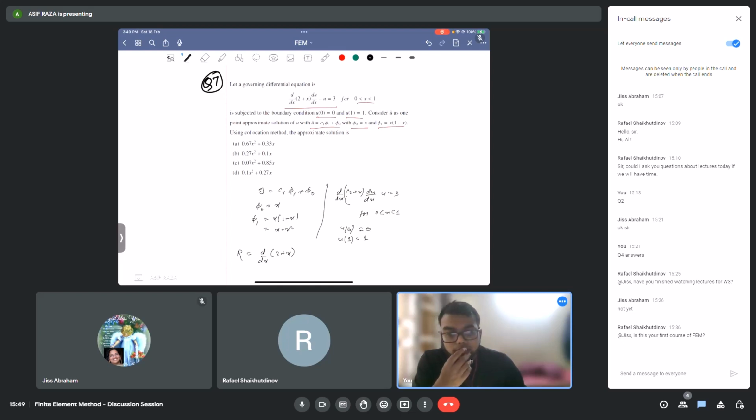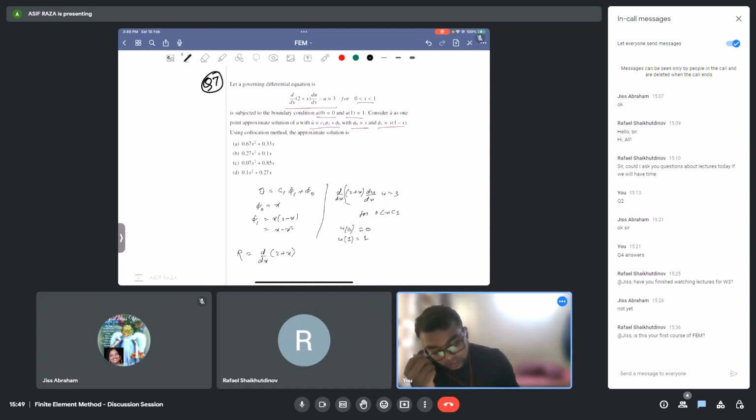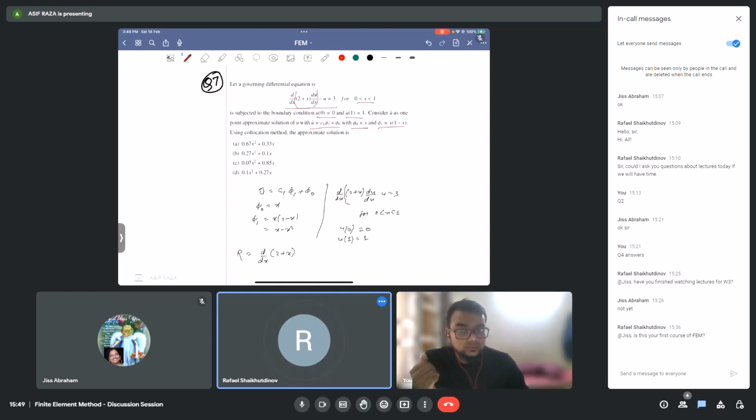Does it have some ambiguity? I consider this as a d/dx that acts on 2 plus x and also acts on du dx. Am I correct? I consider the question as this. But in the solution it is given as if d/dx acts only on du dx. It's an erroneous solution again.